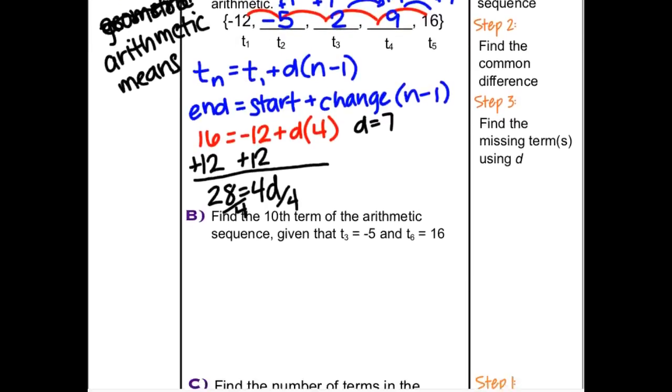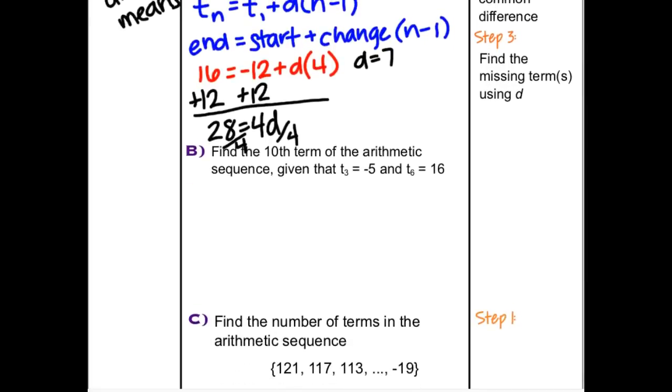So the next type is a similar type of problem, but now we're saying find the 10th term. Given the arithmetic sequence, we know that term 3 is -5 and term 6 is 16. What I like to do is make a table where I make my term and my value.